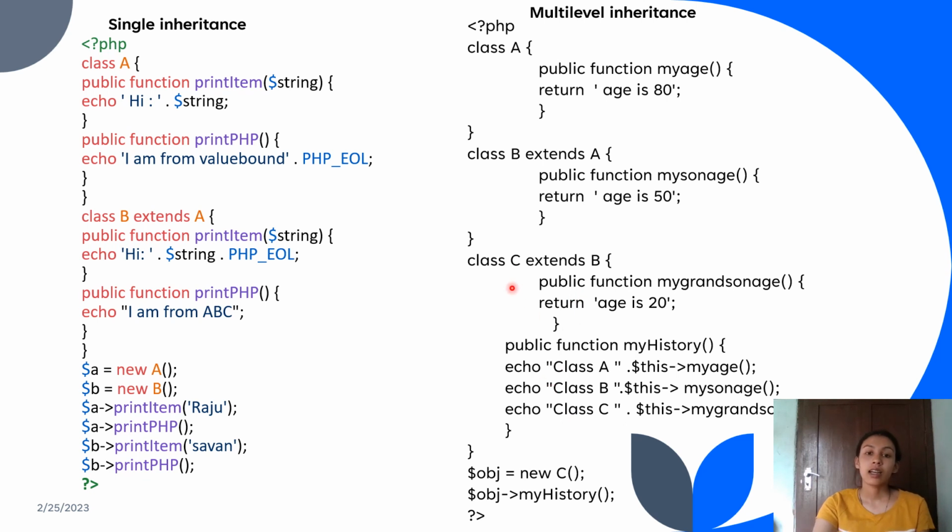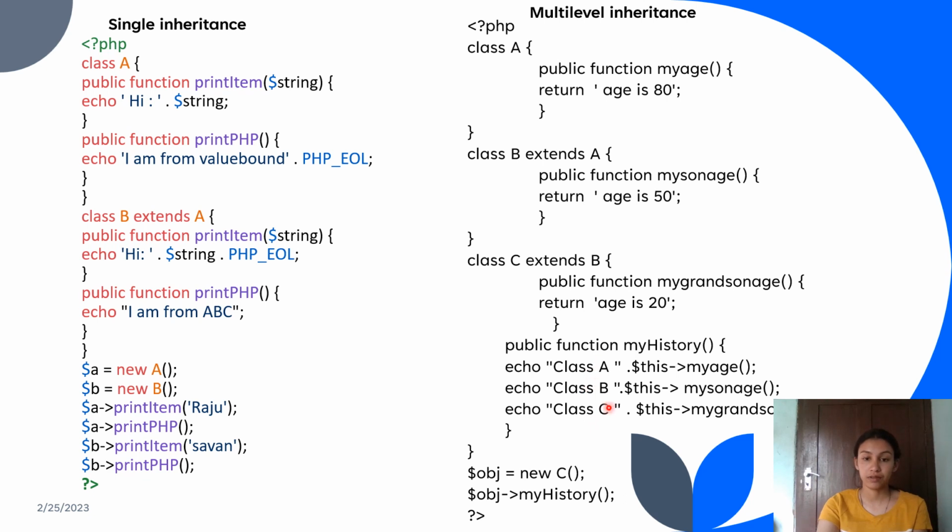Multi-level inheritance means, in this example, class C is extended from B, which is extended from class A. There is a function called my history. Class C has its own function named grandson age, and it has a function called my history.